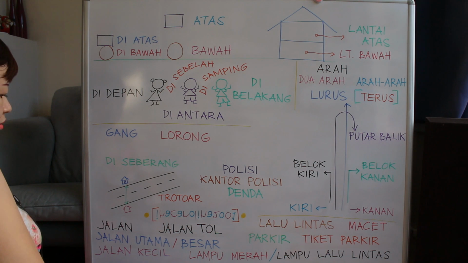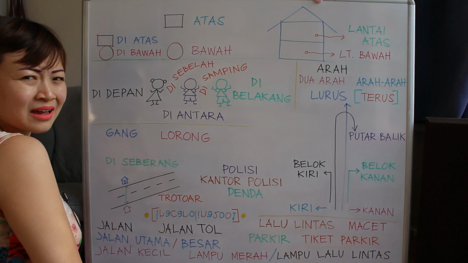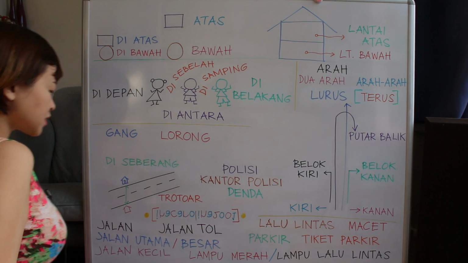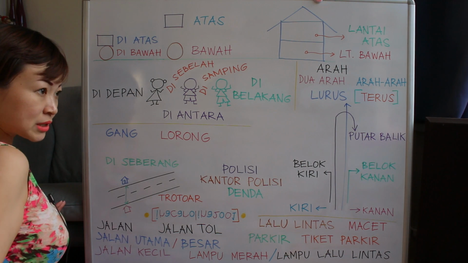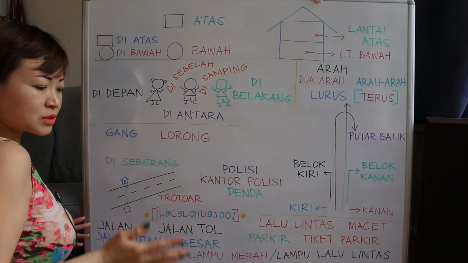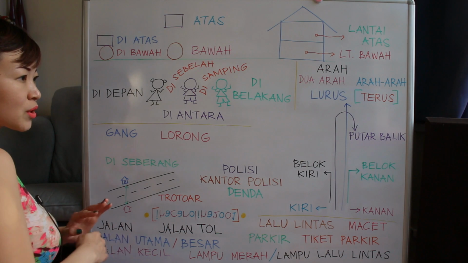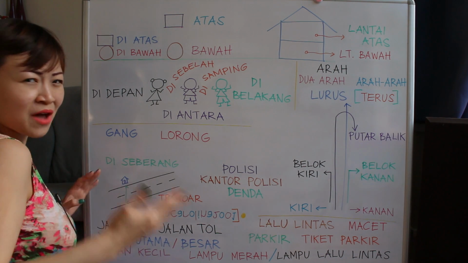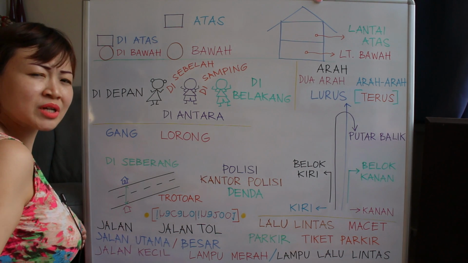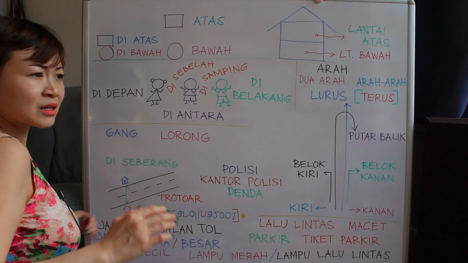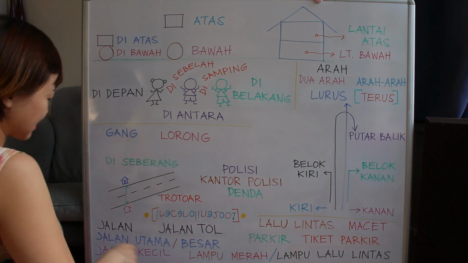Road or avenue or street or lane, all of them we say as jalan. So in Indonesia you just say jalan for most everything: for avenue, for road, for way, for street, for lane.